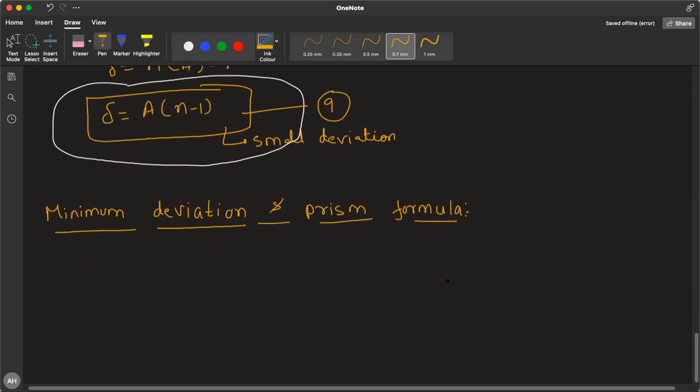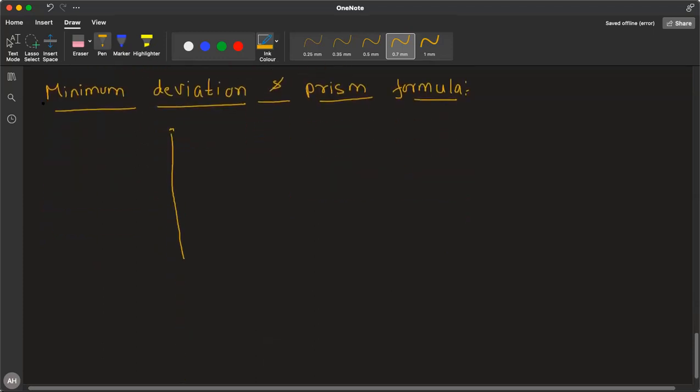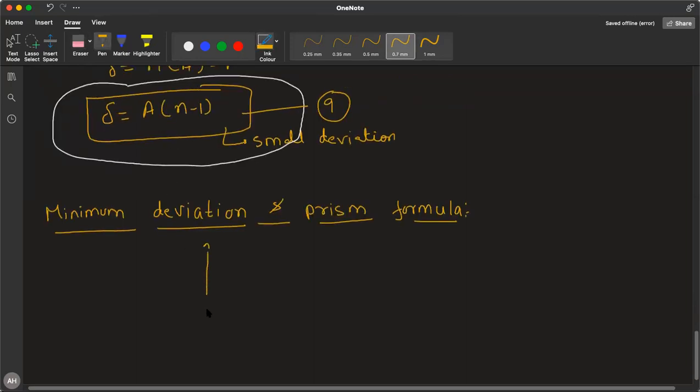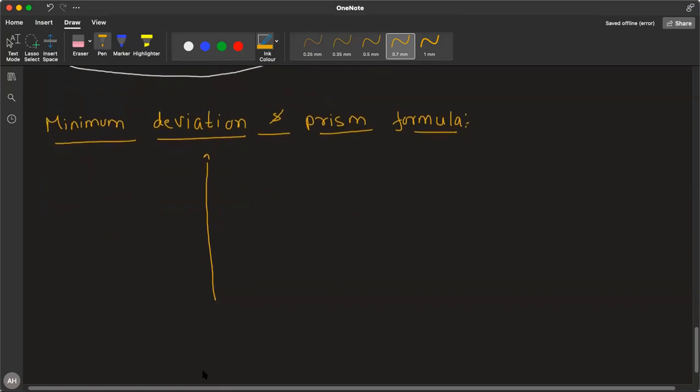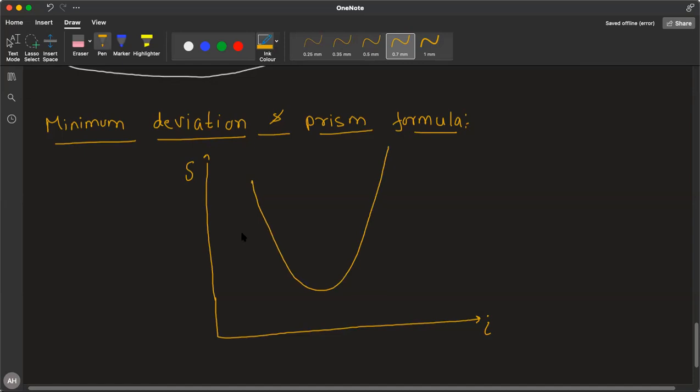See, what is minimum deviation? If I plot the deviation versus angle of incidence graph, on the y-axis I'm taking deviation, and on the x-axis I take angle of incidence. So this is the graph. For a particular deviation, we have two values of angle of incidence.